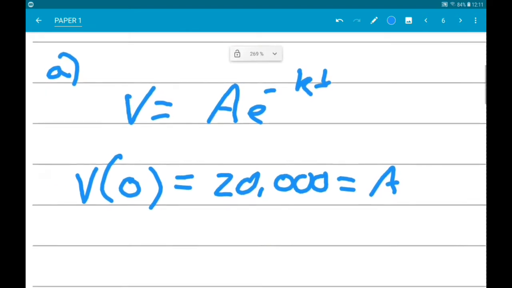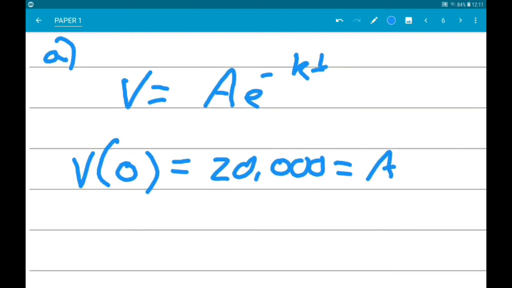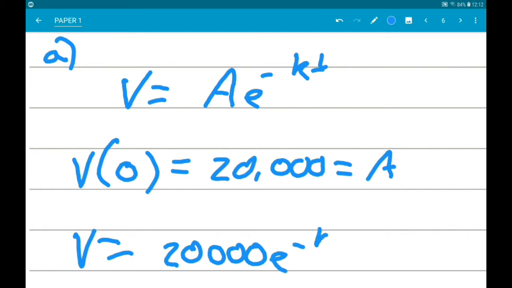So, v is 20,000 e to the minus kt. Okay, so now we need to find k.